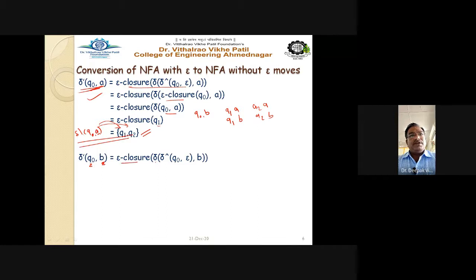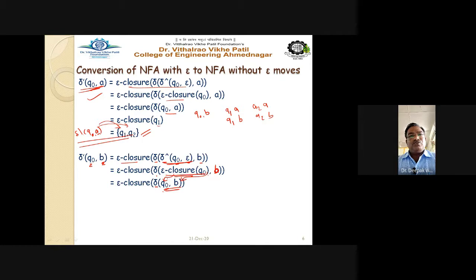So the ε-closure of δ-cap(Q0, ε), B. The meaning of δ-cap(Q0, ε) is nothing but the ε-closure of Q0, which is Q0 itself. Again we get Q0, and the input B as it is.